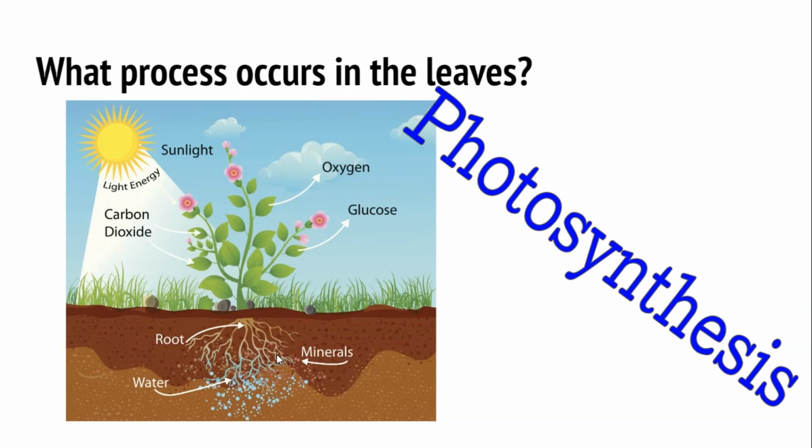Carbon dioxide enters through the stomata, which we've talked about last year. And then you have the solar energy, which gets absorbed into the chlorophyll. And within the chlorophyll, photosynthesis is taking place. It's kind of, per se, cooking all of those ingredients and chemically altering them to produce glucose, which is food for the plant.